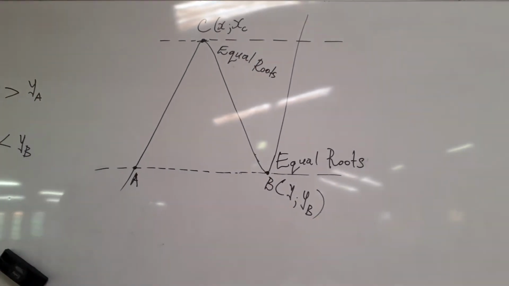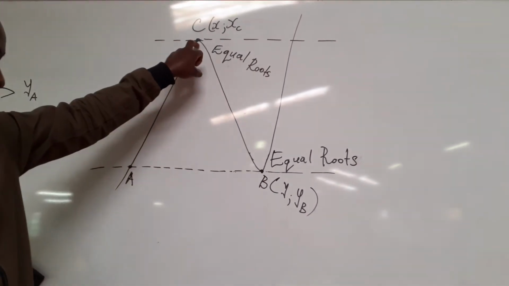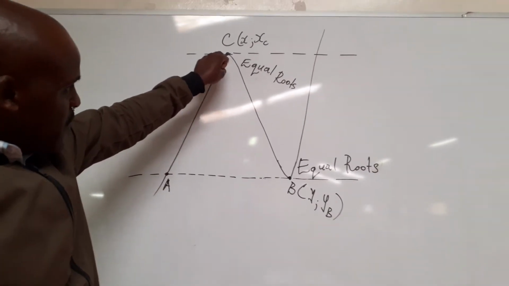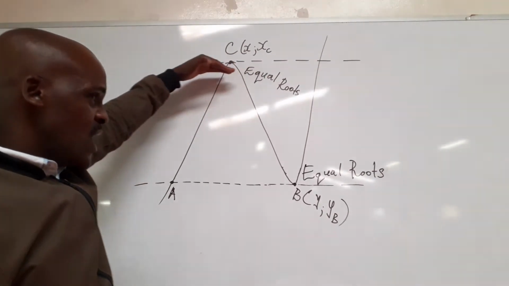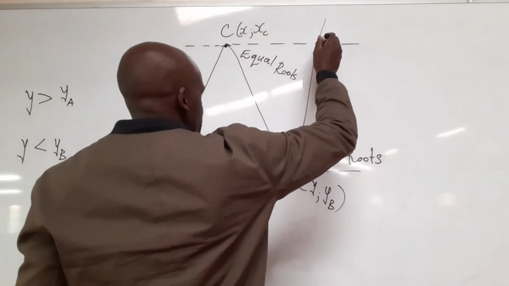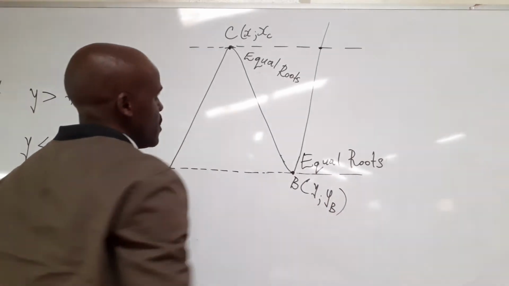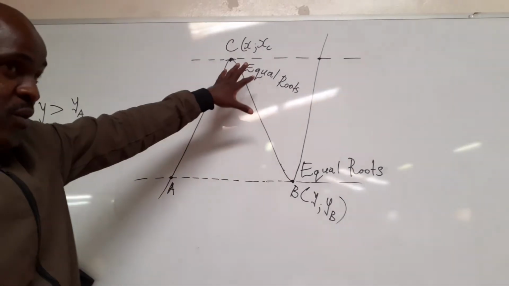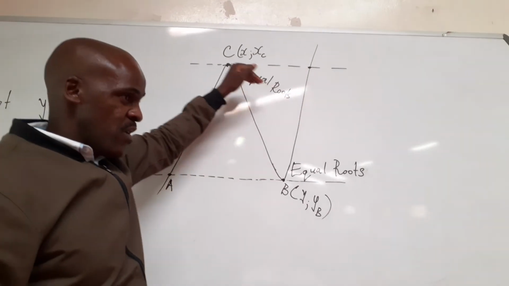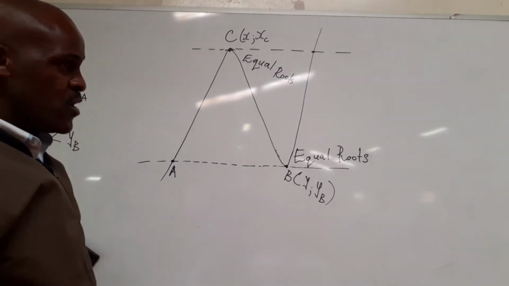So if the roots are equal, we are going to use one value of x there, which means now the horizontal line will cut this graph at this point and also at that point. So when you look, we've got only two values of x that are not the same. Two unequal roots.